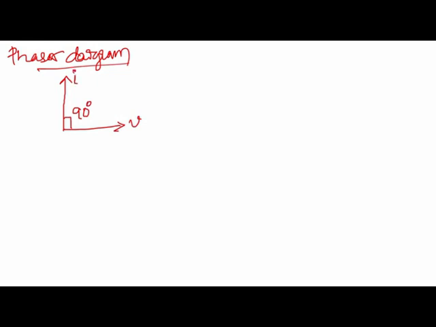It is plus pi by 2, so it will be in the first quadrant. So it is I, which means current leads the voltage by an angle of 90 degrees. Or if you write with respect to current, voltage lags by an angle of 90 degrees with respect to current. With respect to voltage, current leads.